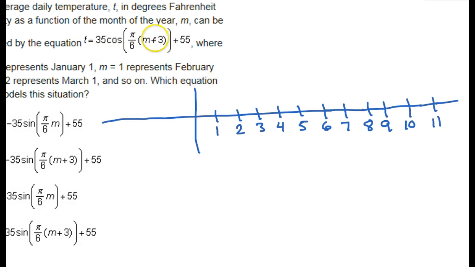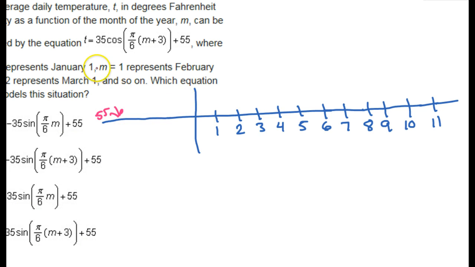So if there was no phase shift, if I ignore the plus 3, and obviously I'm ignoring the plus 55 for the moment. I mean, they all have the same midline, so let's just, if it makes you feel better, call this 55.